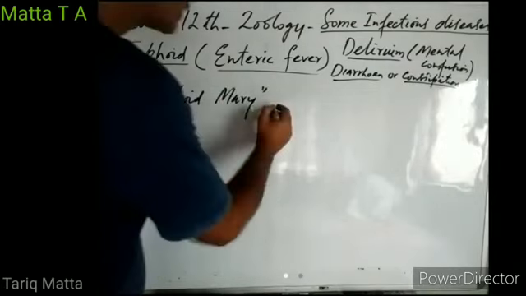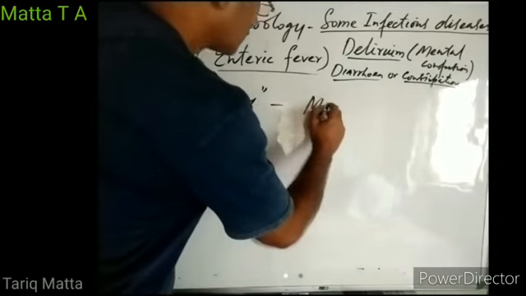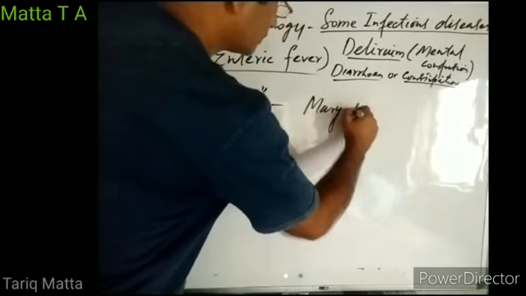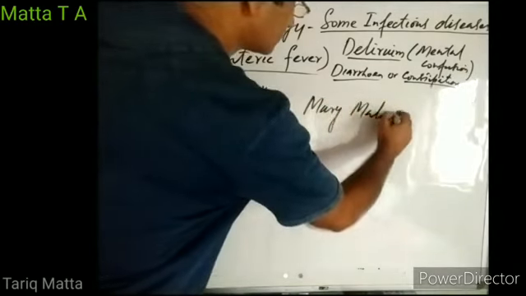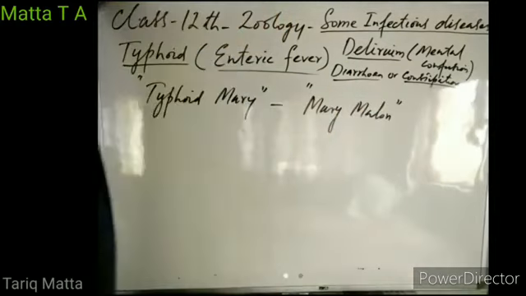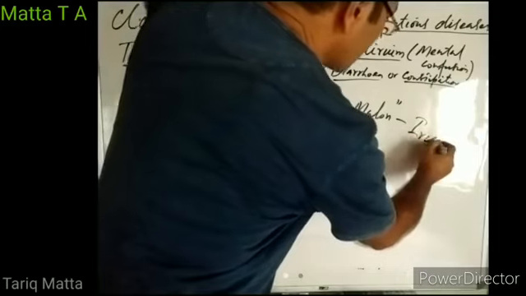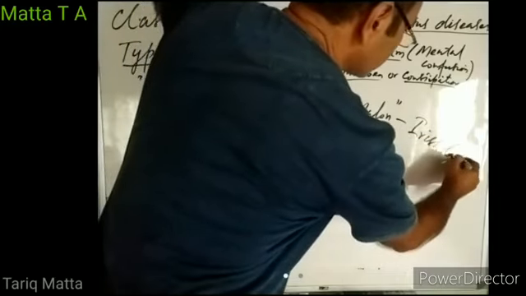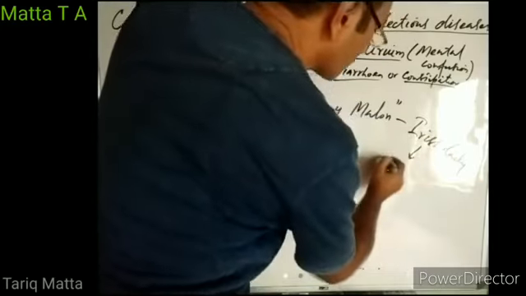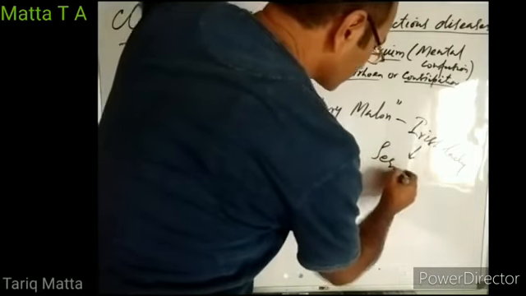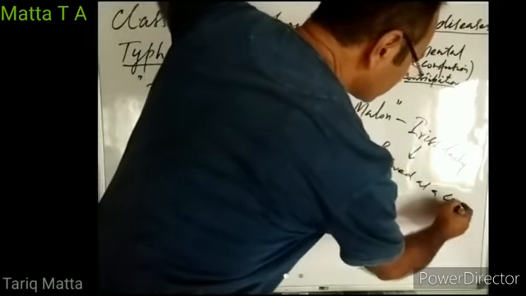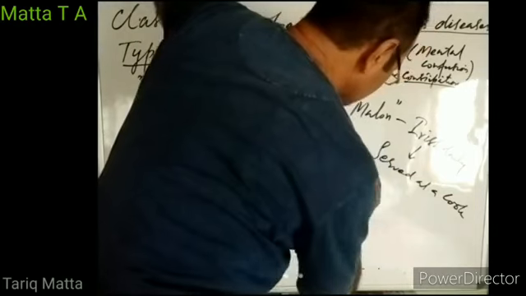The actual name of this Typhoid Mary was Mary Malone. Mary Malone was an Irish lady. She served as a cook in the USA.